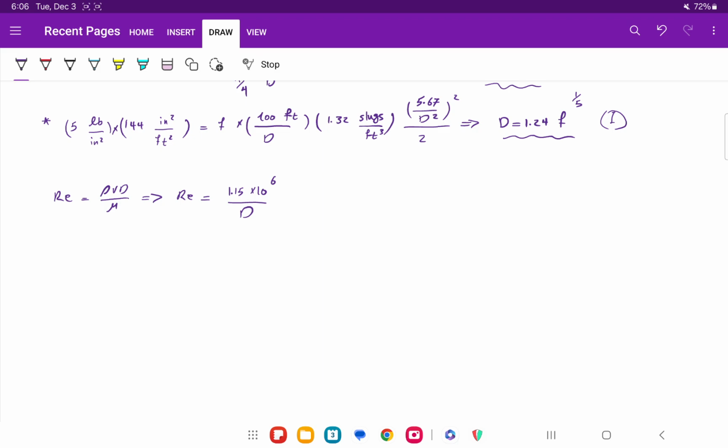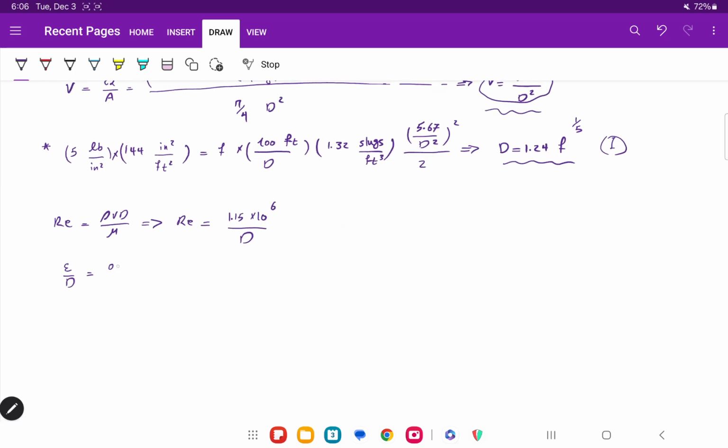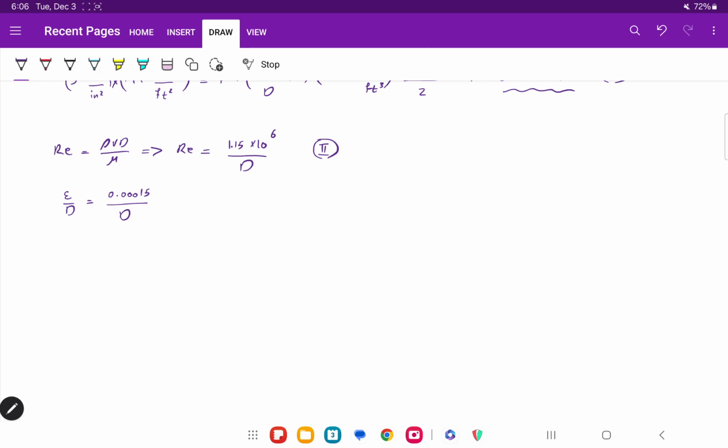Most of the flows in nature and in our lives are turbulent. So epsilon over d is also a function of diameter. For the steel, epsilon equals 0.00015 over d. So this is equation number 2.